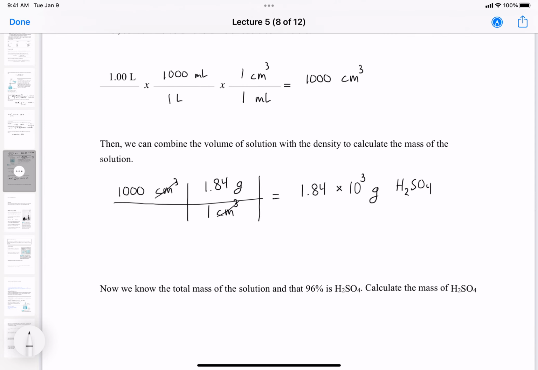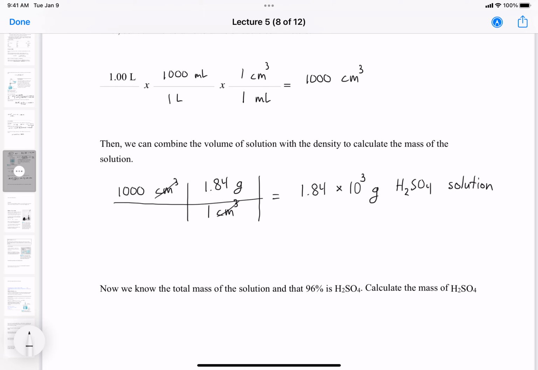Okay. All right. Now we know the total mass of the solution. Oh, so sorry. It wasn't actually H2SO4. It's actually solution. So this is the mass of solution that we have in total.